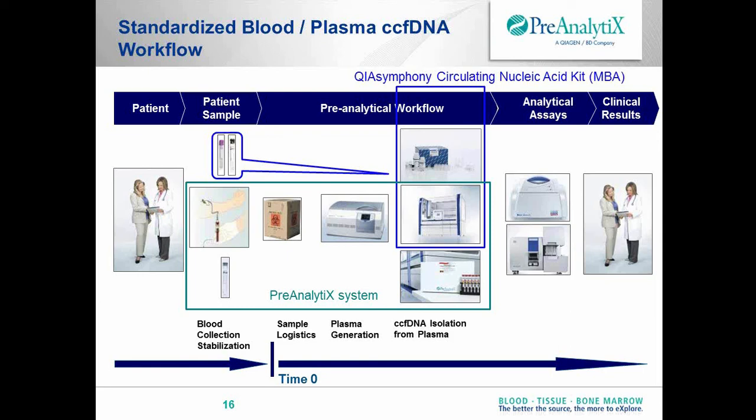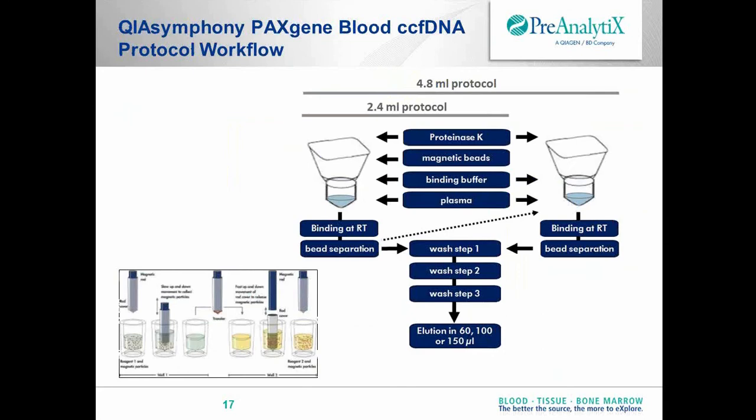And if you use this large protocol for 4.8 ml of plasma, then you only separate the beads from this first binding step and use the same beads with the bound ccfDNA from 2.4 ml of plasma again with another 2.4 ml of plasma, so that you have overall 4.8 ml of plasma, and go then to this process again, and finally have 3 wash steps and elution, and elute your DNA with the option of 3 different elution volumes.